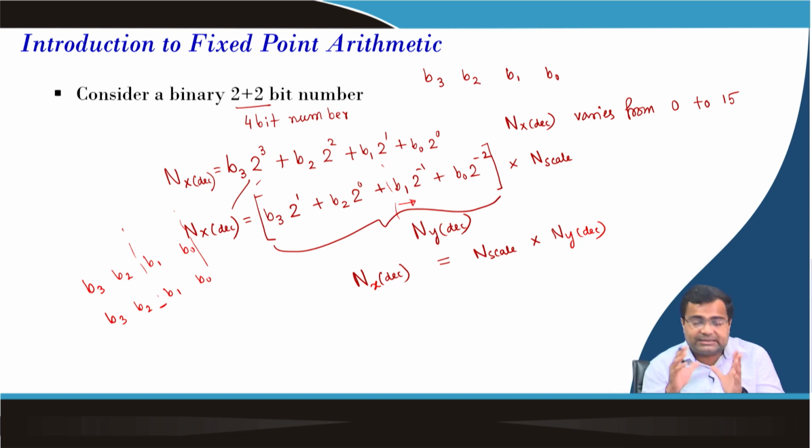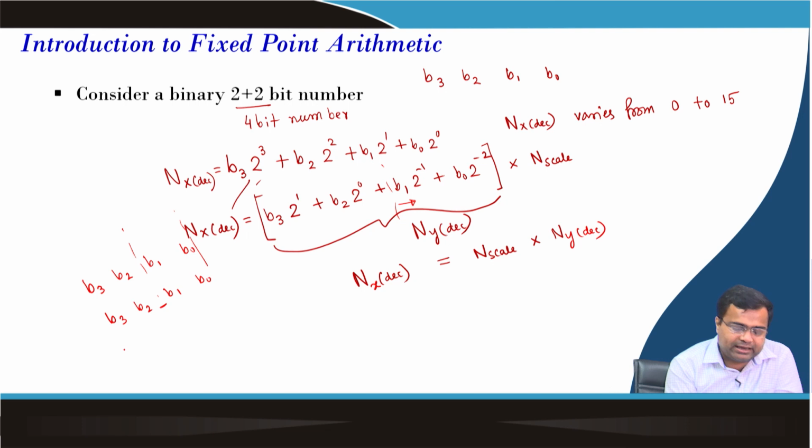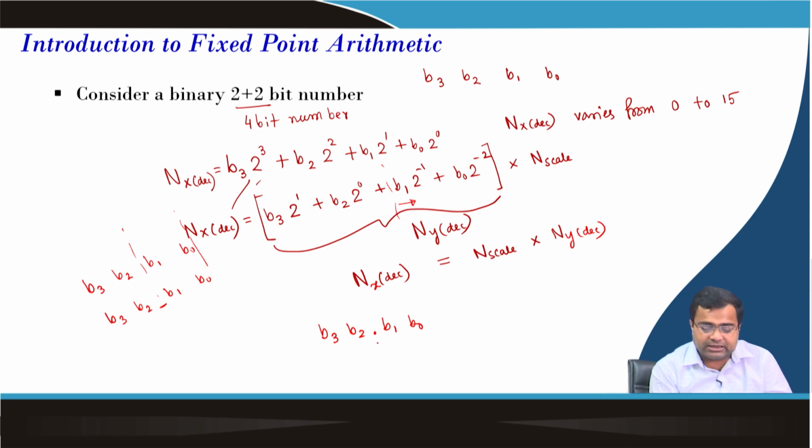When you write a decimal number in binary, in fraction, it will be like B3, B2 dot B1, B0. That dot means it is a fraction position here. But the fixed point will never see a fraction, it is just a 4-digit number, but you can represent it either in this nx form or ny form. It is a notional concept.